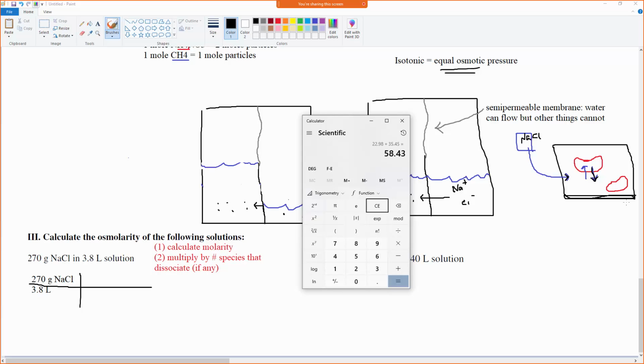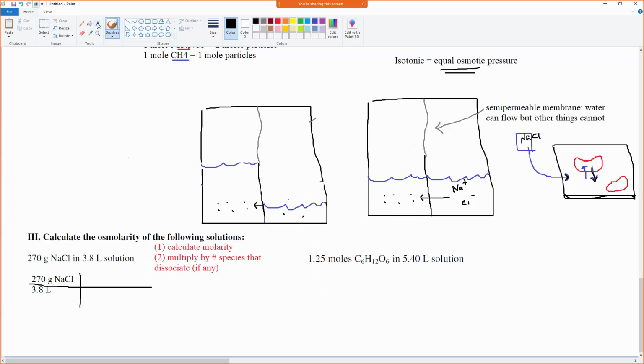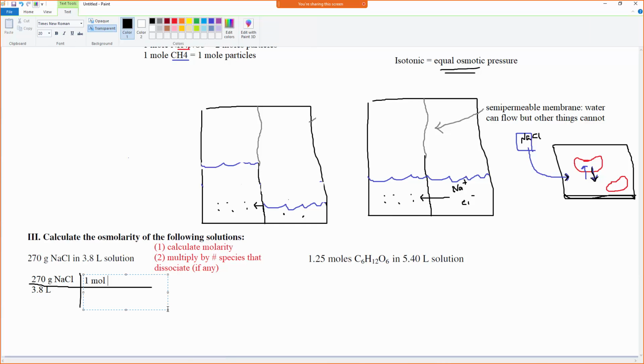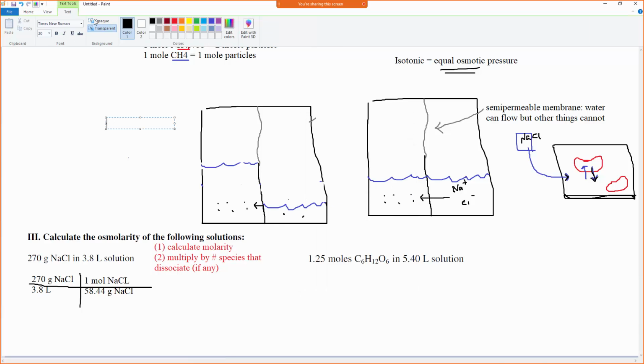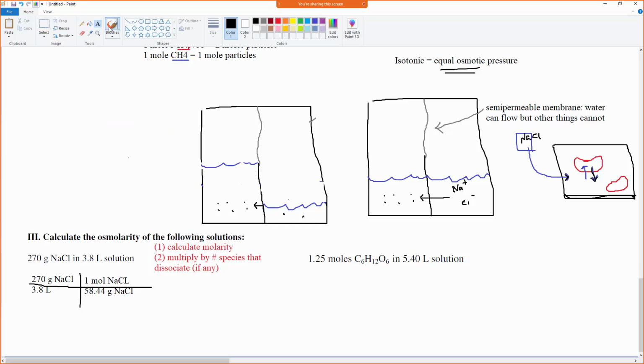And I get 58.43 grams per mole, excuse me. And I'm going to put that upside down. 1 mole NaCl, 58.44 grams NaCl. And so 270 divided by 3.8 divided by 58.44. And I get 1.215. Okay. Hang on a second, I didn't cancel.